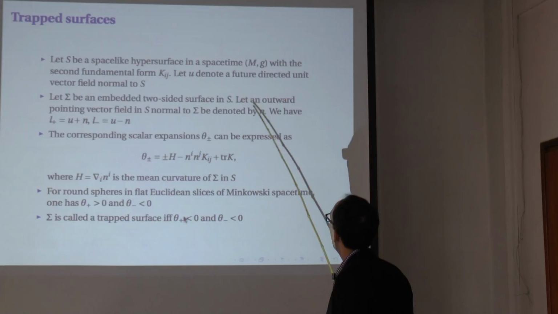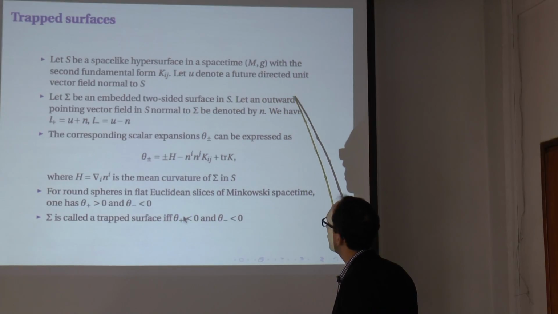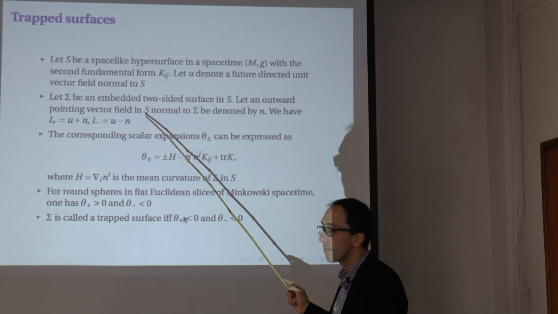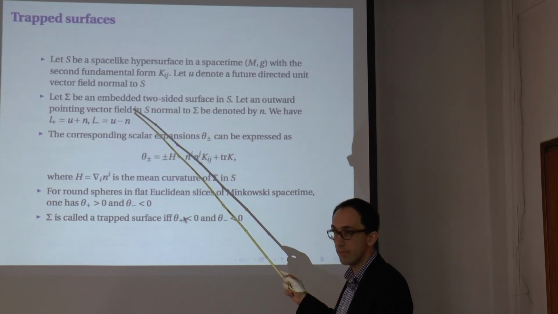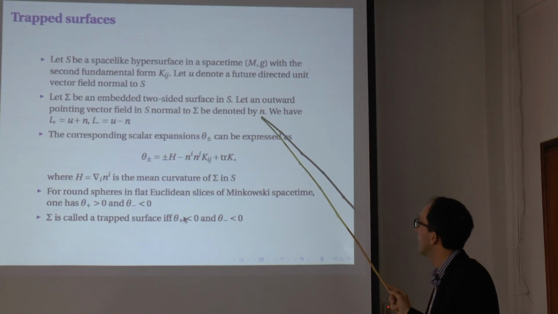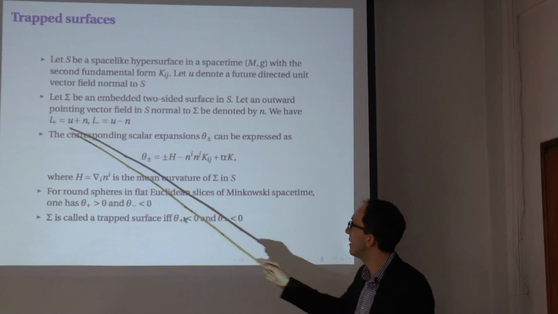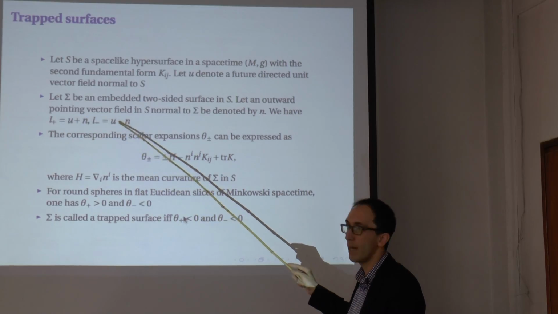And then let's call an outward pointing vector, which is normal to sigma, and which is a vector in S, simply n. And then you can see that L plus and L minus are simply U plus n and U minus n.